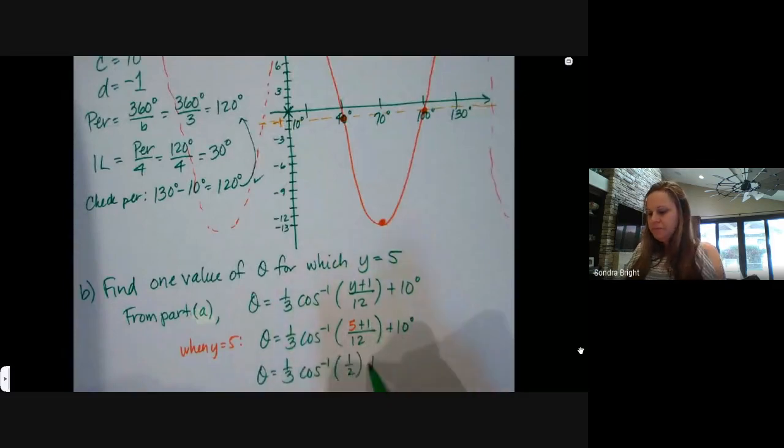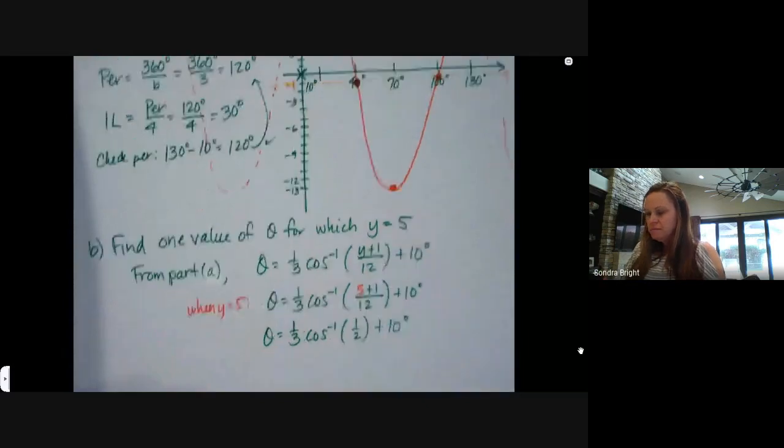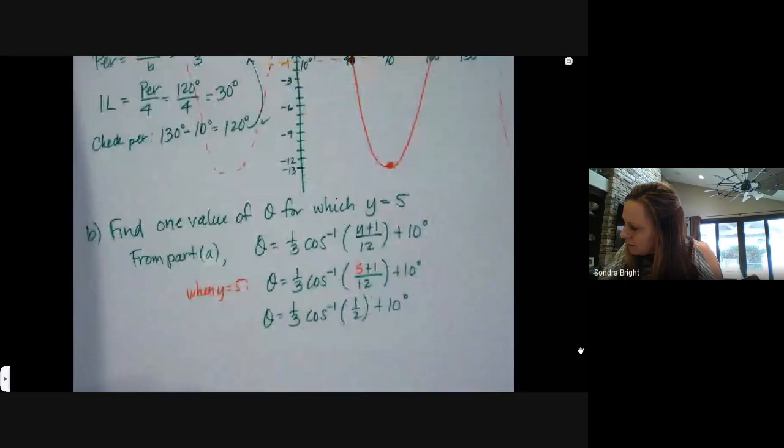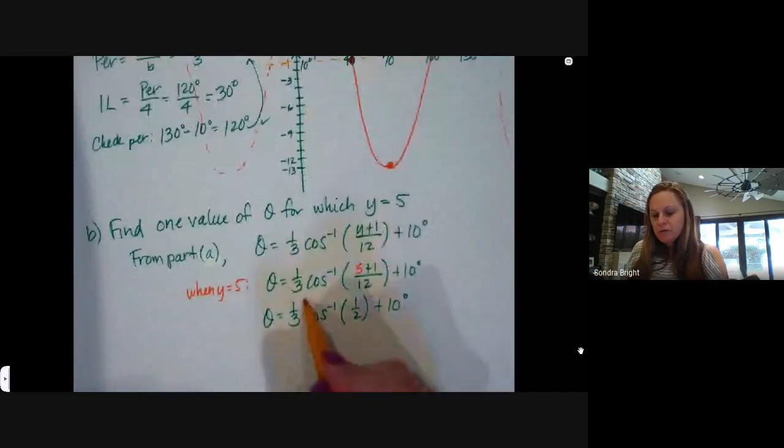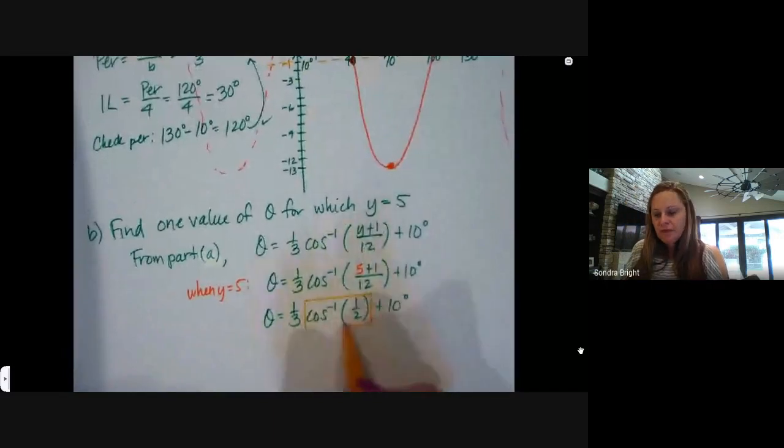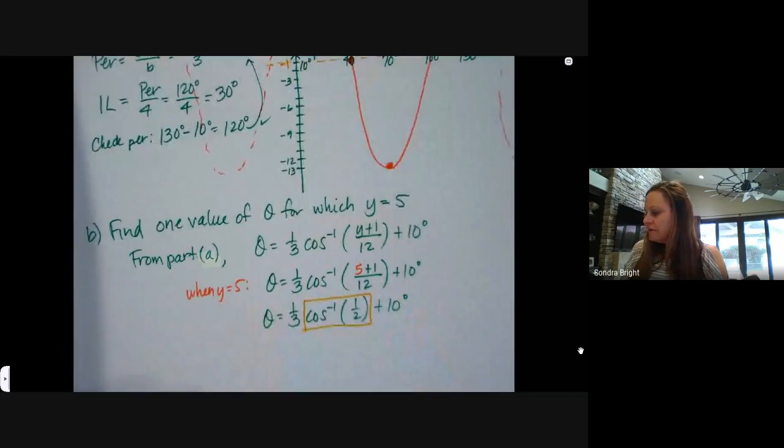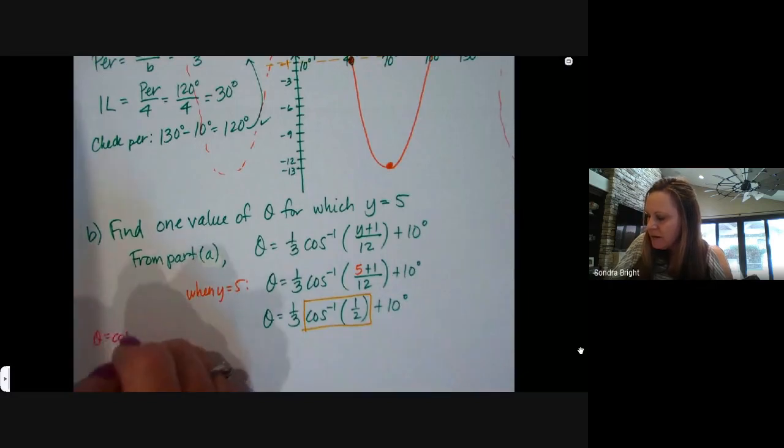Now, you know this. Inverse cosine of 1/2. Because remember, from the first part of the chapter, if theta was equal to inverse cosine of 1/2, it was the same thing as saying cosine of theta is 1/2.